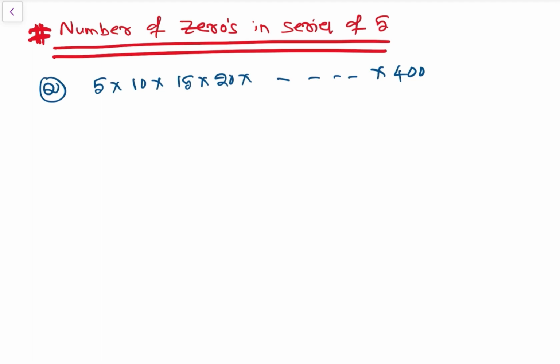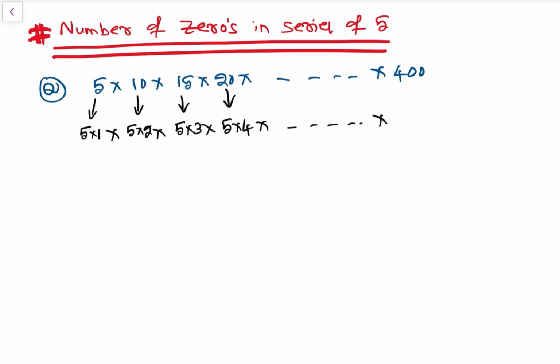So we cannot count the number of 5s, number of 1s, etc. So this can be done as: 5 can be written as 5 into 1, 10 can be written as 5 into 2, 15 can be written as 5 into 3, 20 can be written as 5 into 4, ठीक है, and so on, 400 can be written as 5 into 80.